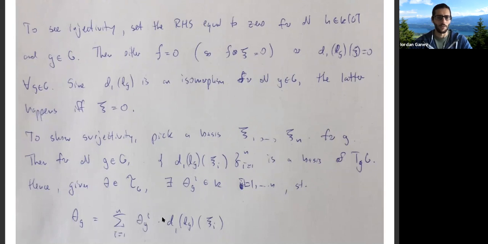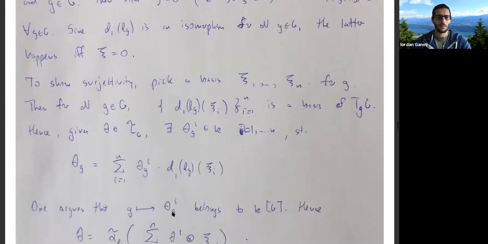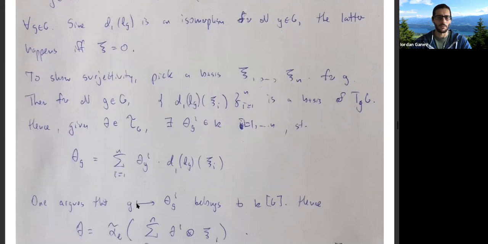So we get these coefficients. For every i and for every G, we get a coefficient. And then the thing to show, that I won't go into detail on here, is that this map from G to theta G i, for each i, is a polynomial map.